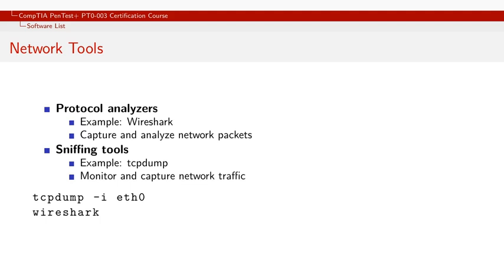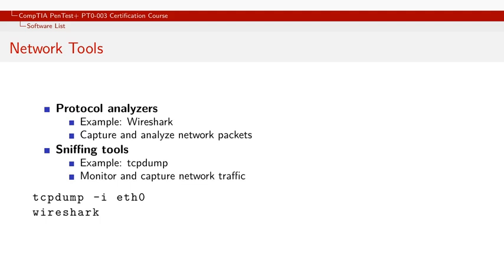Another important category is sniffing tools, such as tcpdump. tcpdump is a powerful command line utility used to monitor and capture network traffic. For instance, using the command tcpdump -i eth0, you can start capturing traffic on a specific network interface. Both Wireshark and tcpdump are crucial for network traffic analysis and monitoring, helping you to identify potential security issues within network communications.